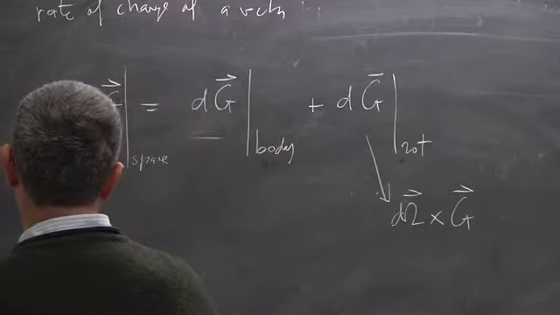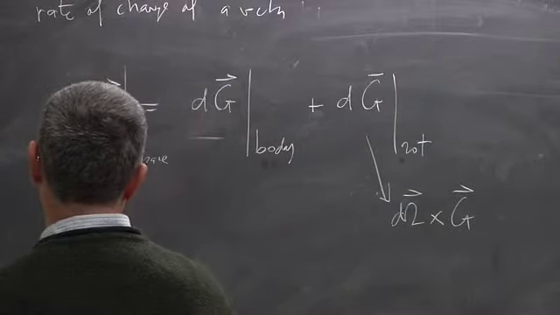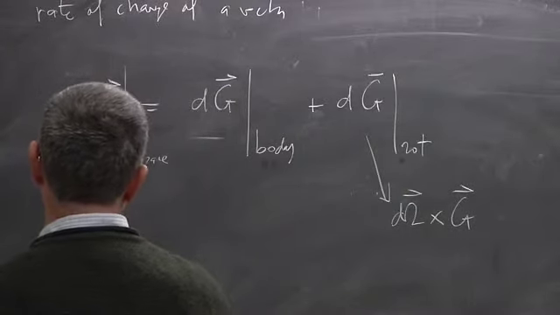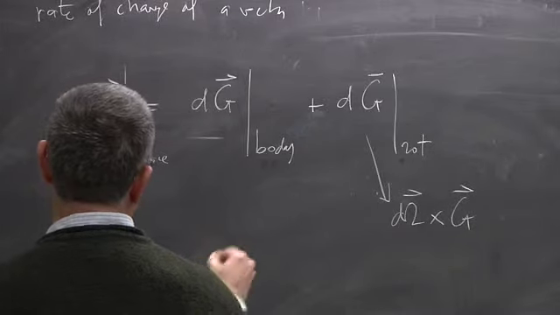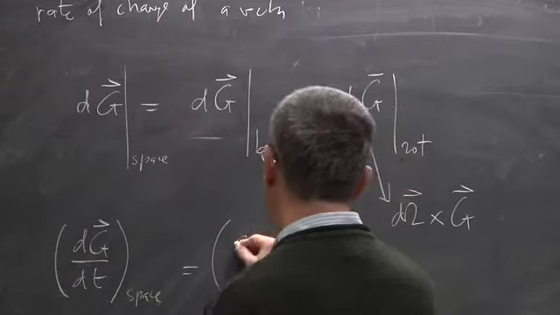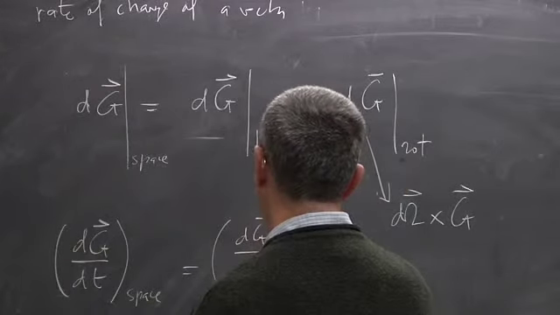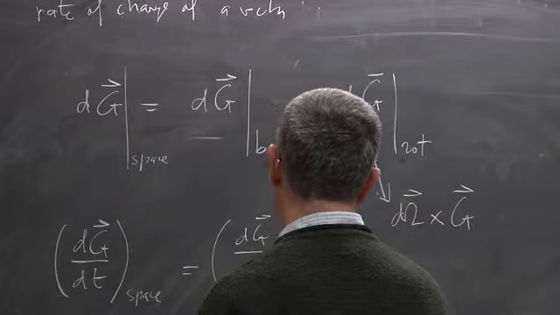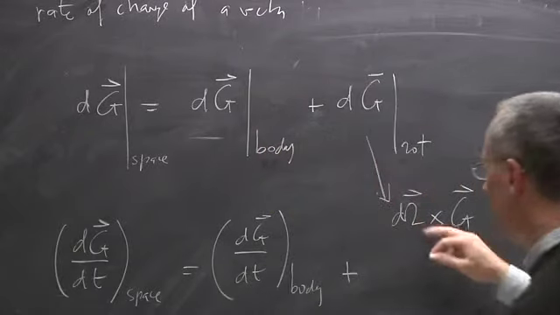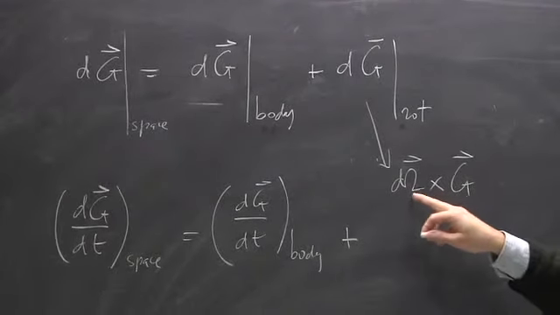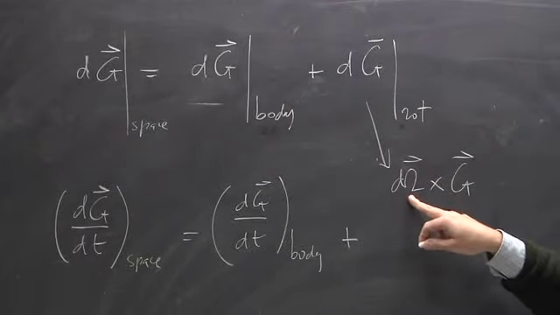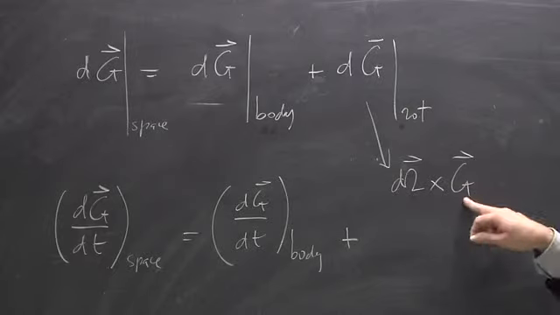So if I take a time derivative, I have the general rule that the change in time of a vector in space is equal to the change of the vector in time as measured on the body, plus this term, where I'm considering only the change in time of this, because the other would be a second order effect.